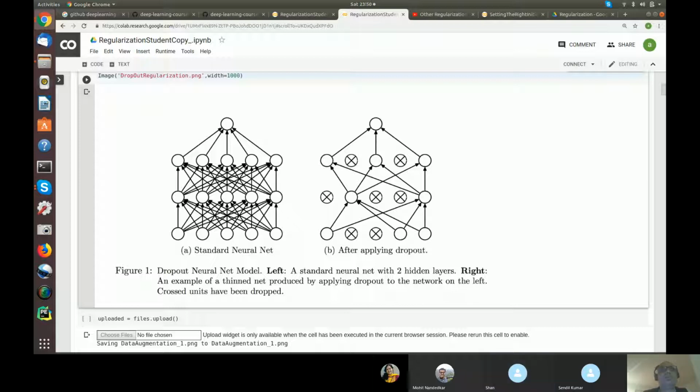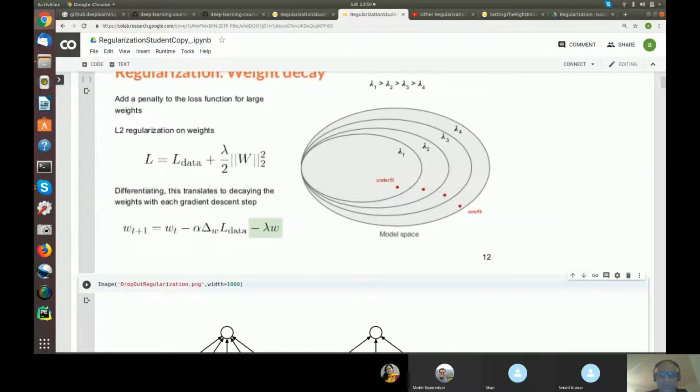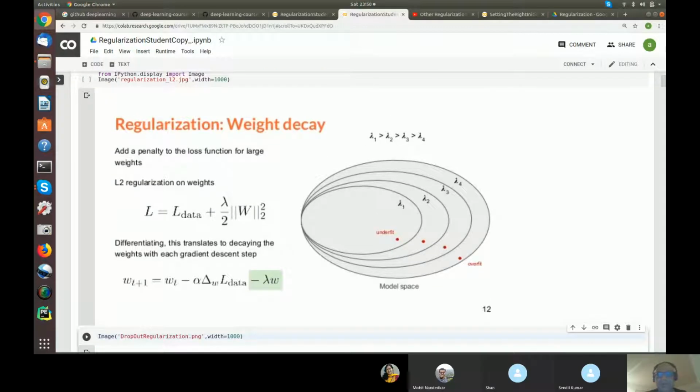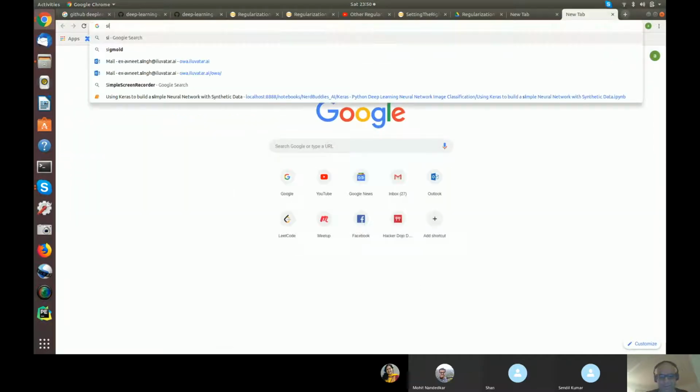So these are the two main methods. There's one quick point about the previous method, which is, let me bring the sigmoid function.